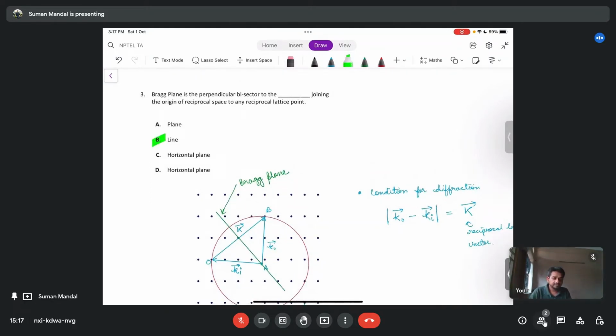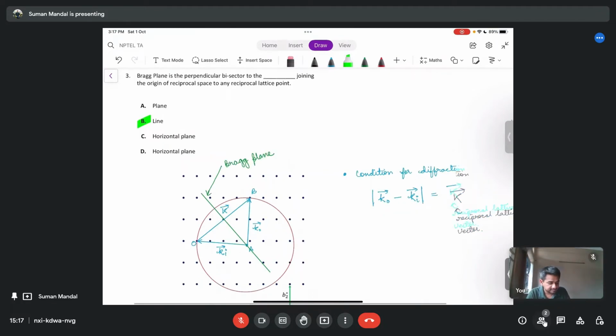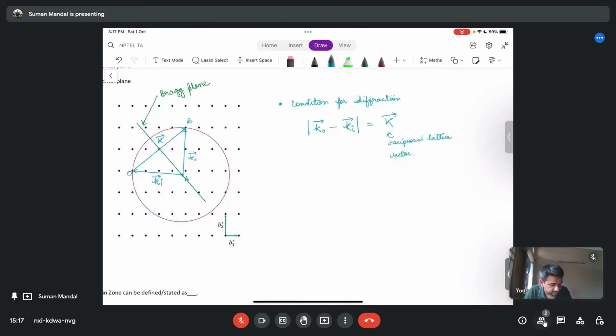And what is the significance of this Bragg plane? Why do we care about the Bragg plane? We studied about the Brillouin zone. The boundaries of the Wigner-Seitz cell are the same as the Bragg planes. The Bragg planes define the boundaries of the Wigner-Seitz cell. So we can redefine the Brillouin zone, which we had done in the first question.